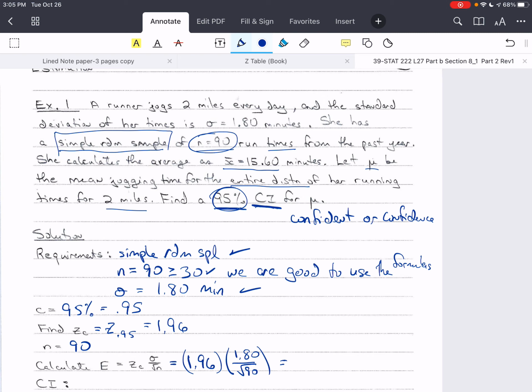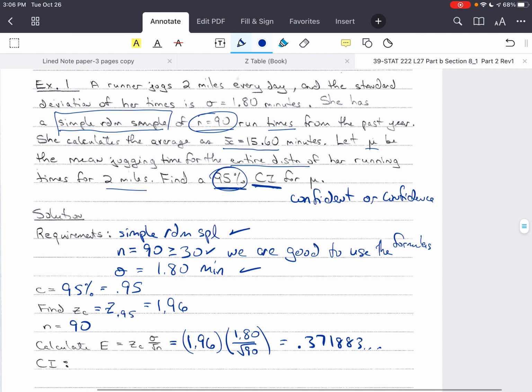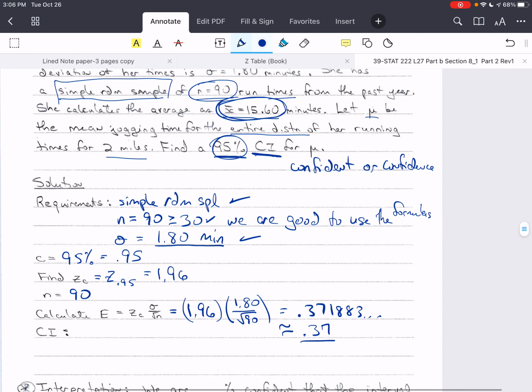And when we calculate this, 1.96 times 1.8 divided by the square root of 90 gives me 0.371883, etc. Since sigma is rounded to 2 decimal places and x bar is rounded to 2 decimal places, I'm going to round this to 2 decimal places. So we're going to use 0.37.